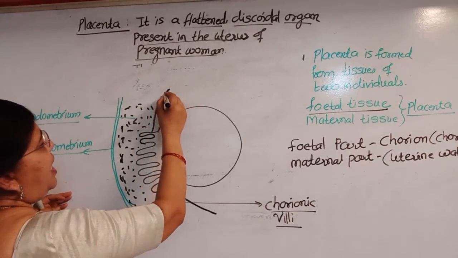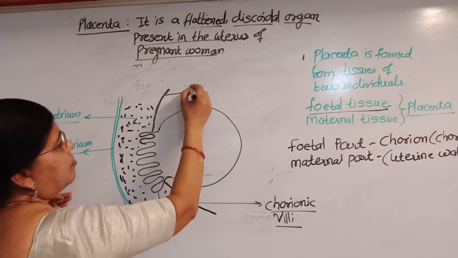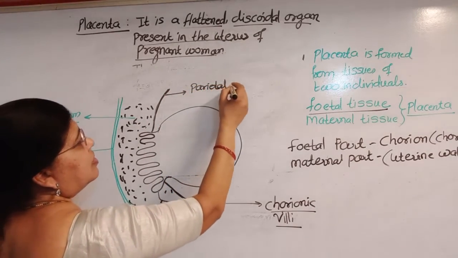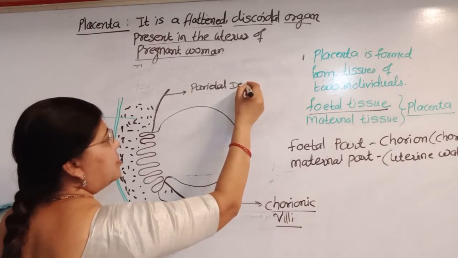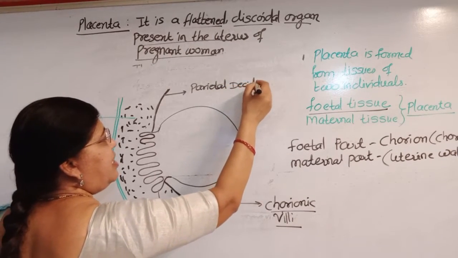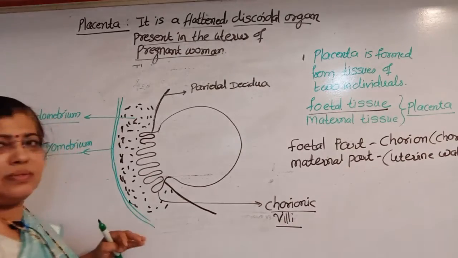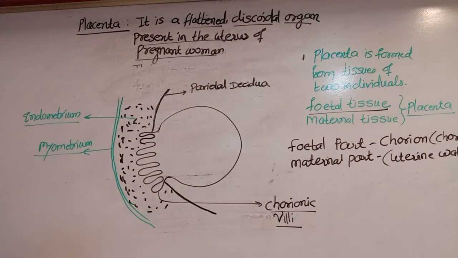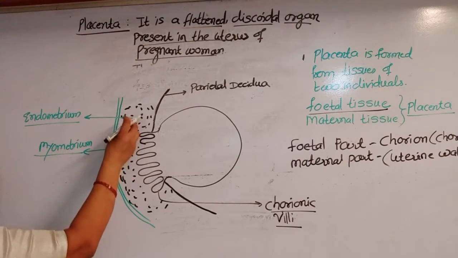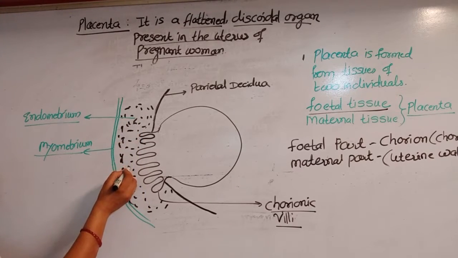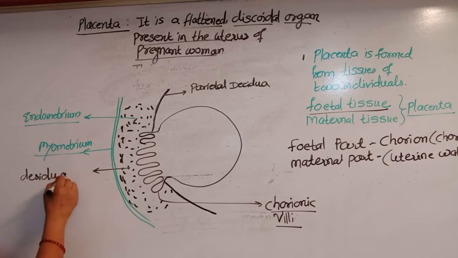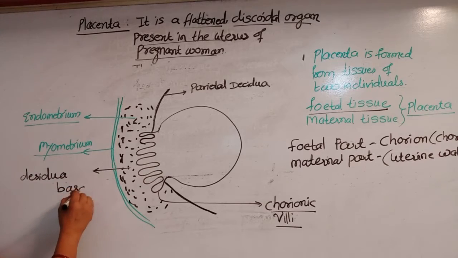This is called parietal decidua. And this part is called decidua basalis.